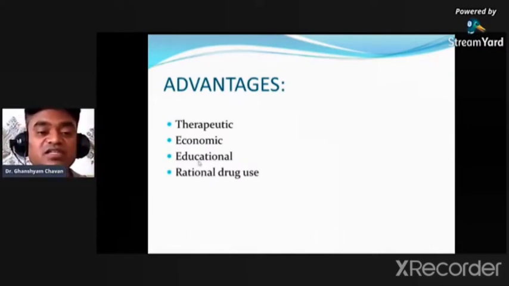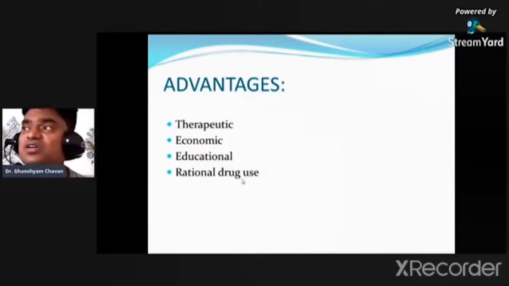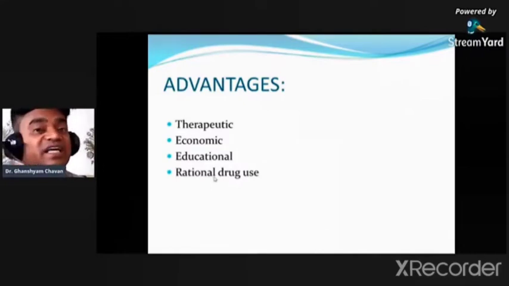So here rational drug use is very important, because I am not criticizing all the physicians, but there is a lobby of physicians who are doing this malpractice, prescribing unnecessary drugs which are not required. They do it only for attaining their target, for achieving their target.